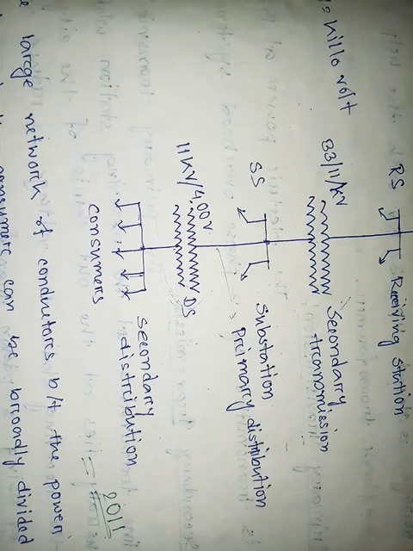Feeder is commonly used for area-basis power supply. Distributor also covers a total area of the system, and service main is when you tap power or voltage from any pole; this small conductor is called the service main.